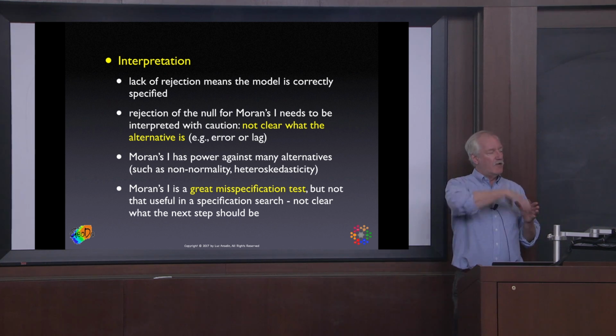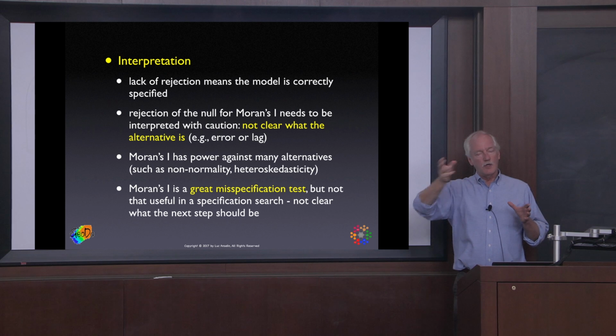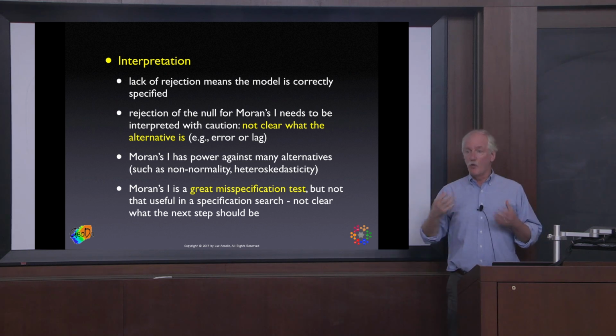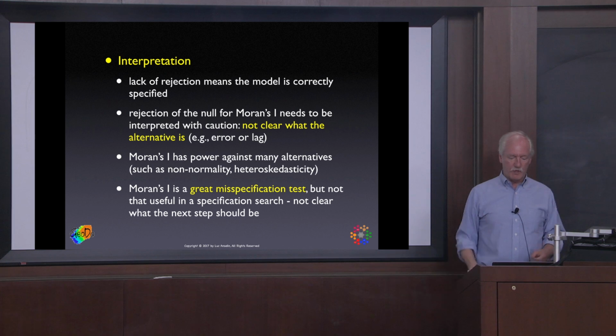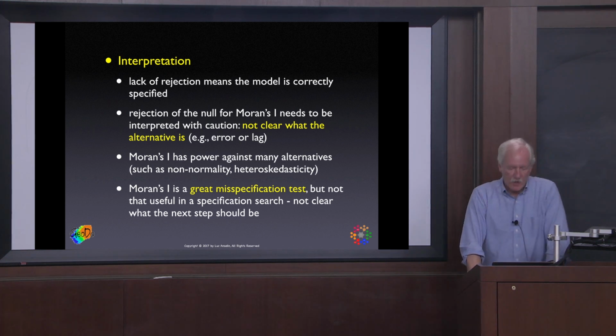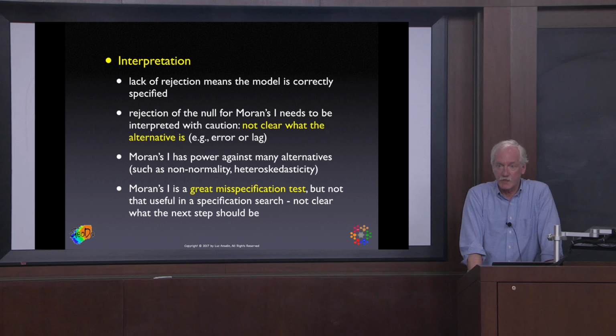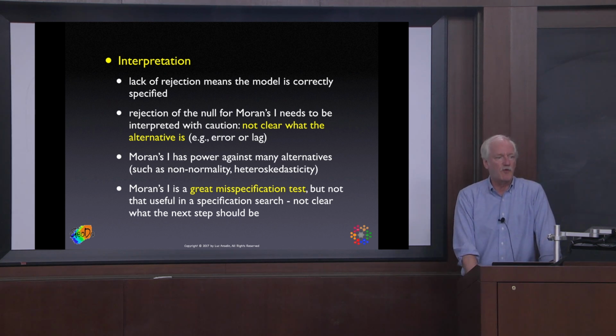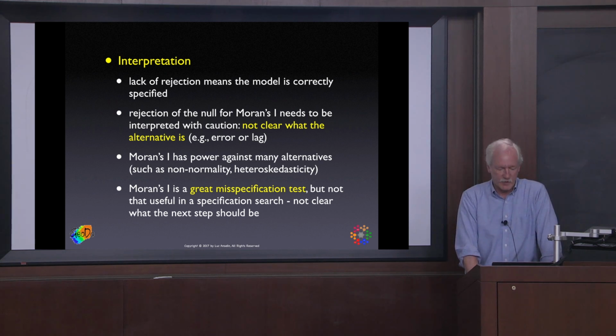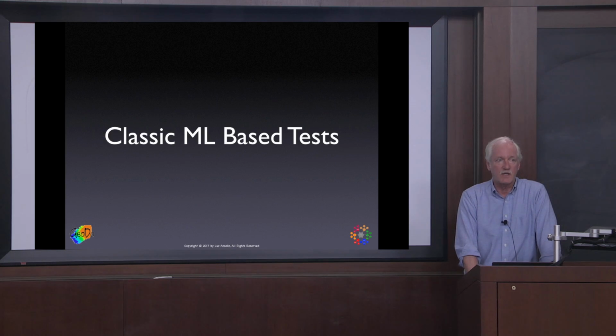That means that none of these possible alternatives that could have been picked up by the statistic were picked up by the statistic, and so you're pretty much home free. So that's how I look at Moran's I. Now, in some contexts, Moran's I is the only way to go, but then, luckily, it can be shown, it's not that easy, that there is some form of equivalence between Moran's I and some of these other tests that we'll see, the more classic maximum likelihood-based tests.